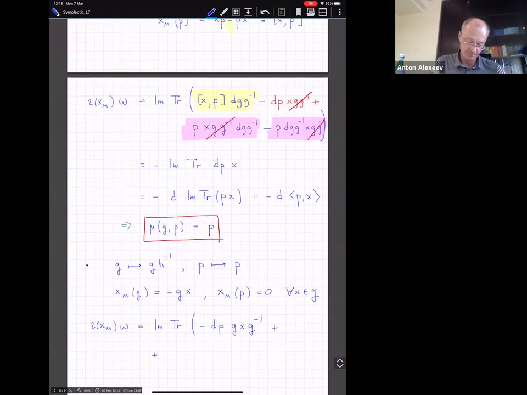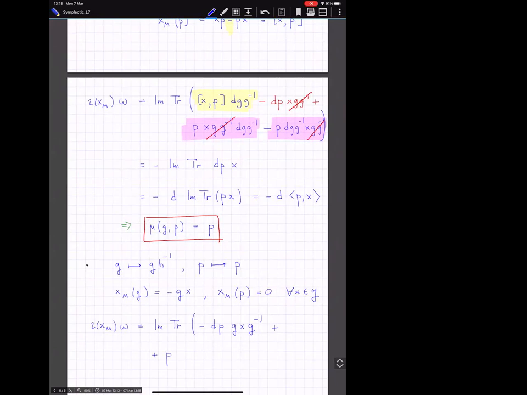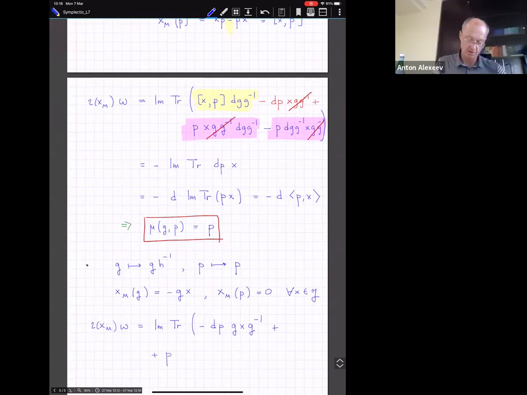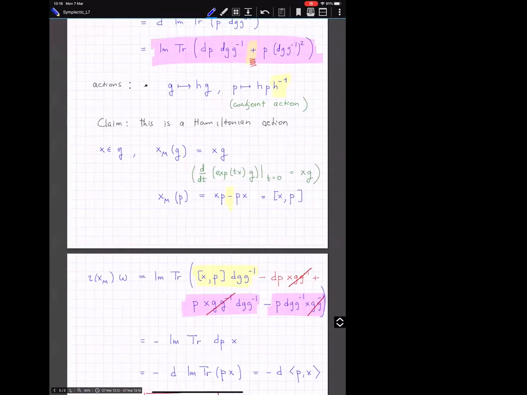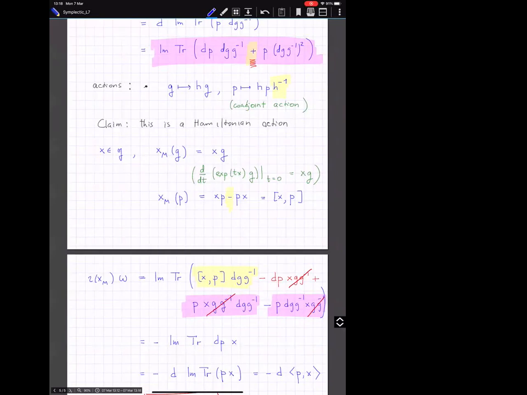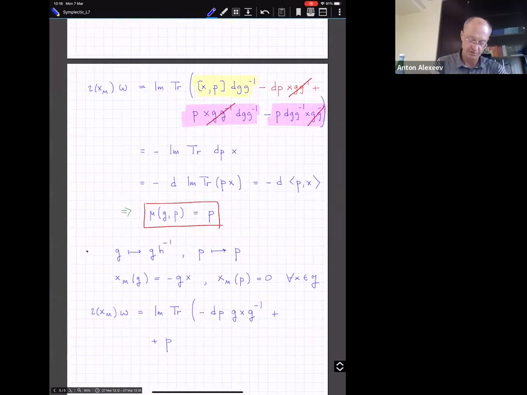Plus, this time the two minus signs will cancel. The first term, you've got minus gx and you've got dp. Oh, right, thank you.